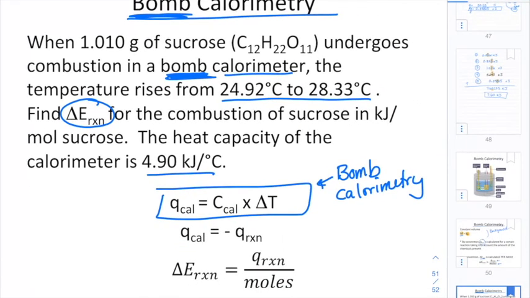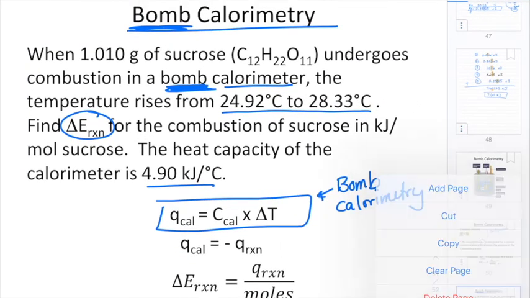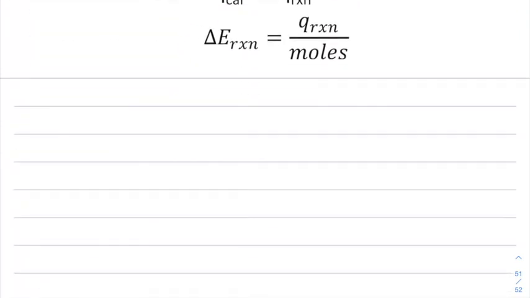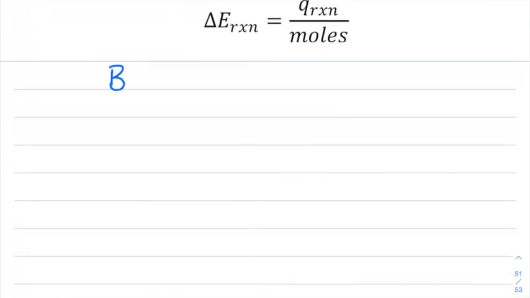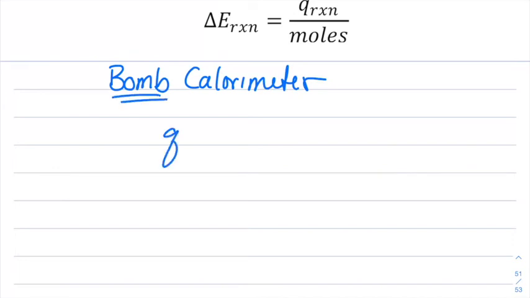So let's start off with that. So again, because we have a bomb calorimeter, that is why we're going to use the Q equals CAT.